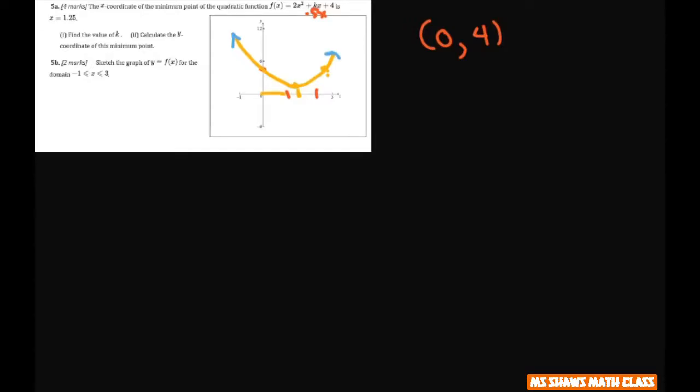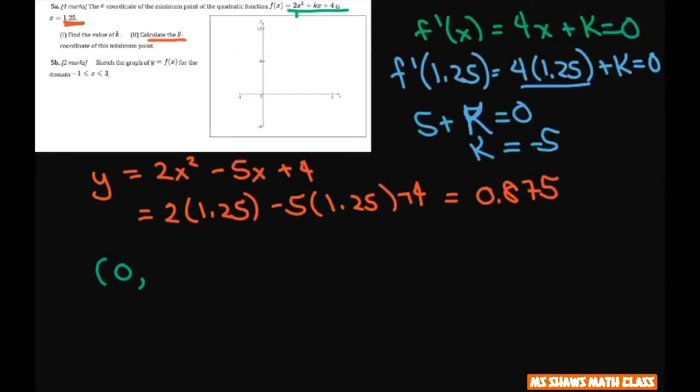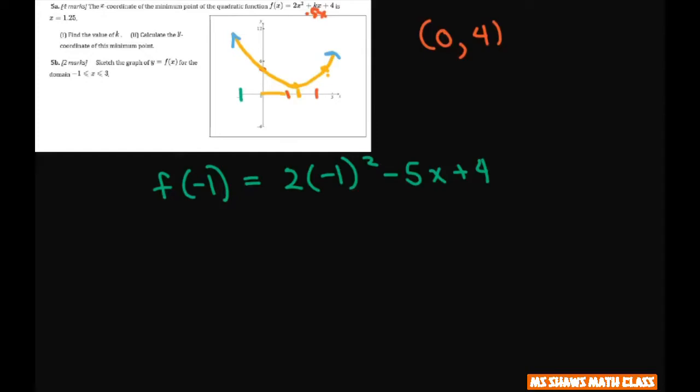Now we want -1. So I'm looking at -1, and let's be a little clear on it. We have f of -1 equals 2 times -1 squared minus 5x plus 4. I just want to make sure that it was -5. Yeah. All right. So x is -1. -1 squared is 1.